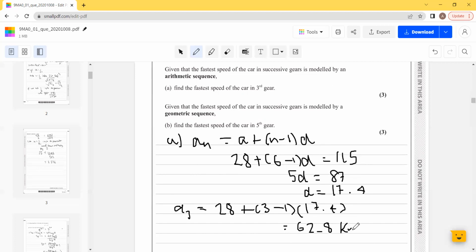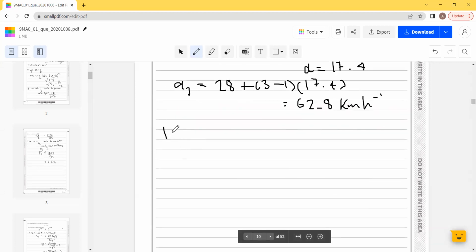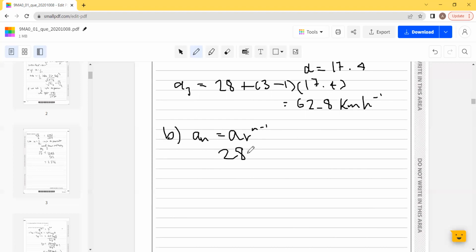Okay, given that the fastest speed of the car in successive gears is modeled by a geometric sequence, find the fastest speed of the car in the fifth gear. Okay, so we know that an is equal to a r to the n minus 1. So again, a is 28, so 28 times r to the fifth power is 115.